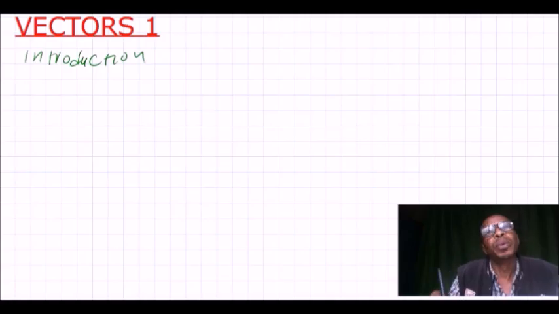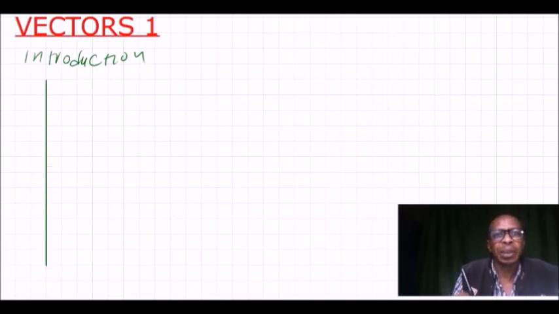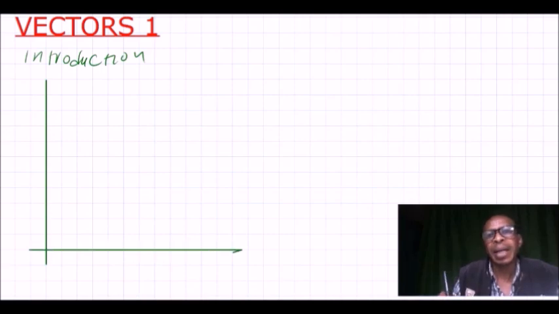So, to understand what is a vector, let me draw a line here, the compass here. So that's a compass.